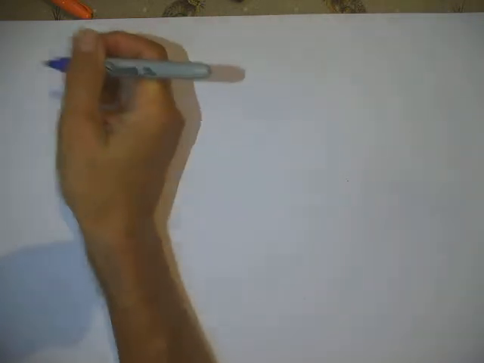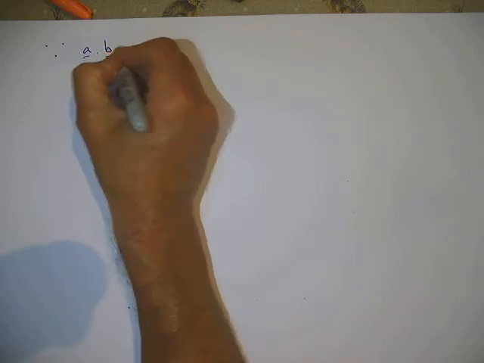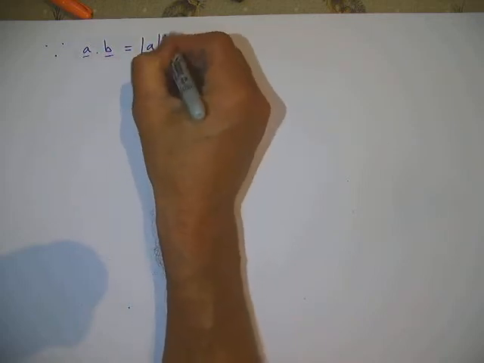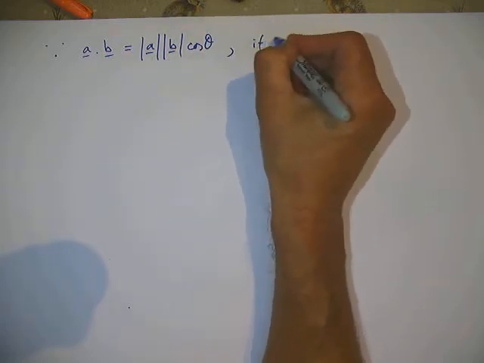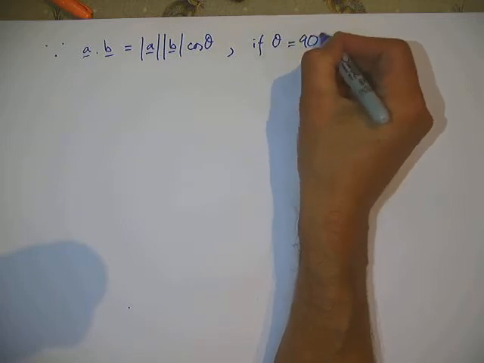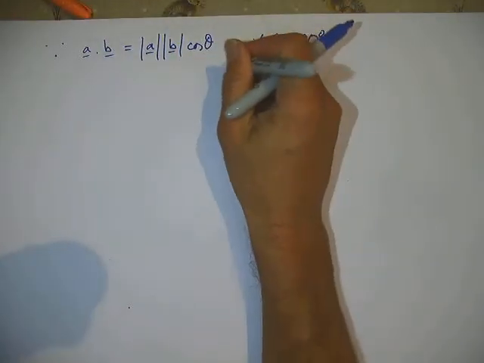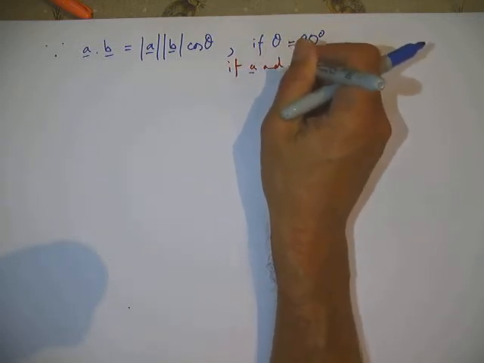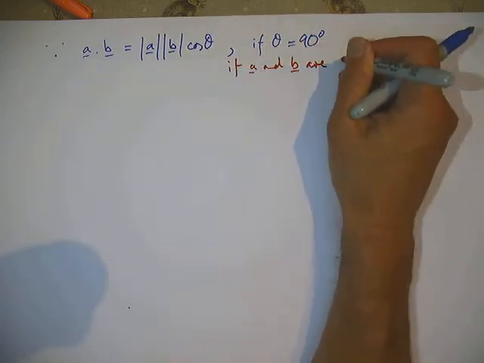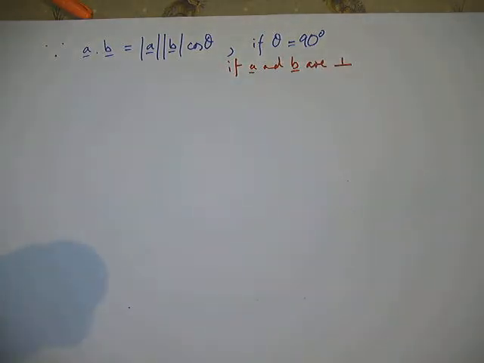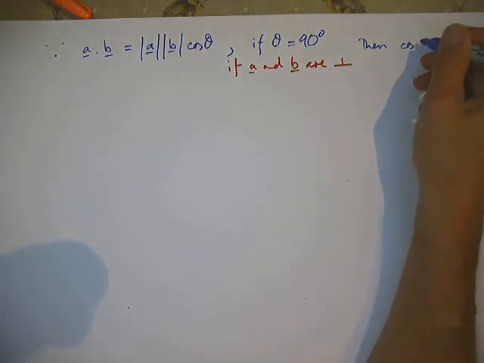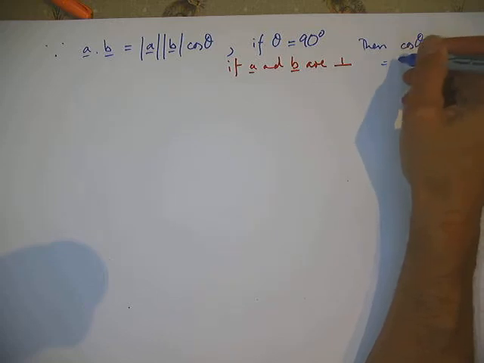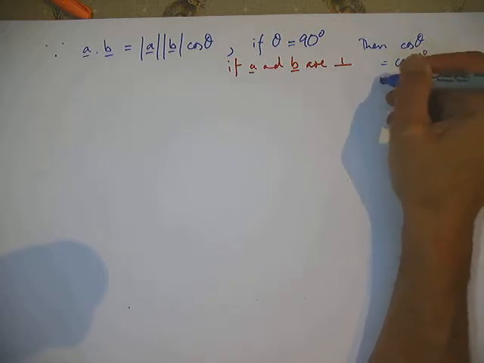First use we could say is, because A dotted with B is mod A, mod B, cos theta, if theta is 90 degrees, if A and B are perpendicular, then cosine theta is cosine 90, which is 0.